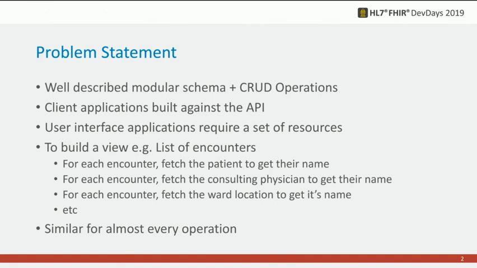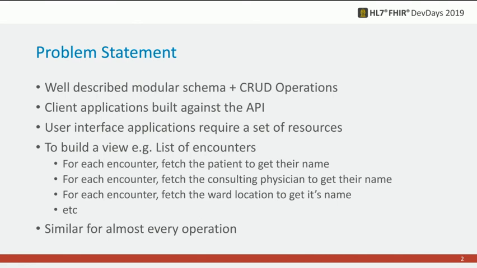It's a pretty easy problem statement. FHIR provides you with a well-designed, very modular set of schemas and CRUD operations on those resources based on schema. You create a client application against the API. Your user interfaces will require sets of resources. For instance, say you want to show a list of encounters.